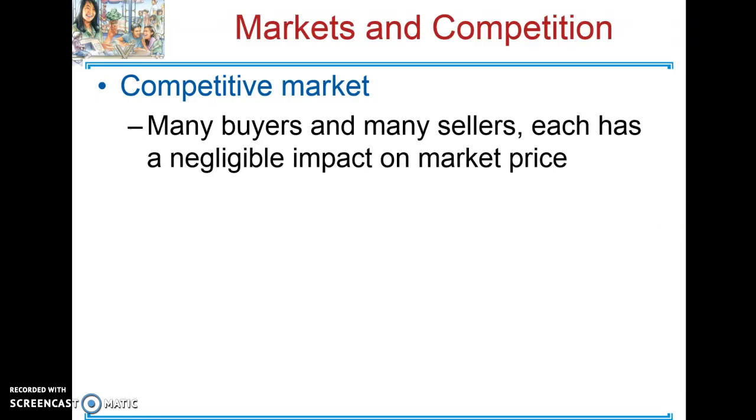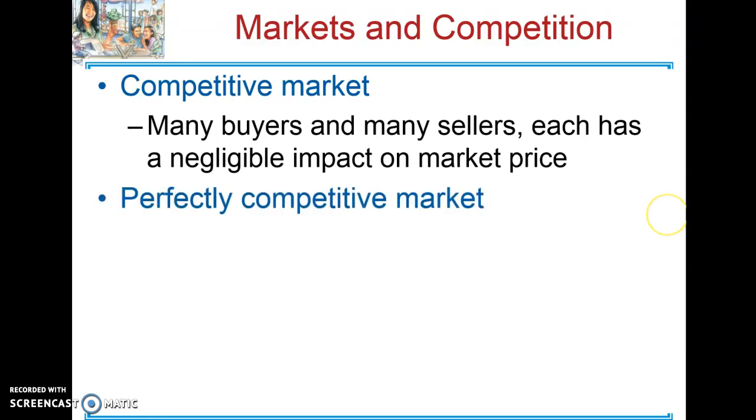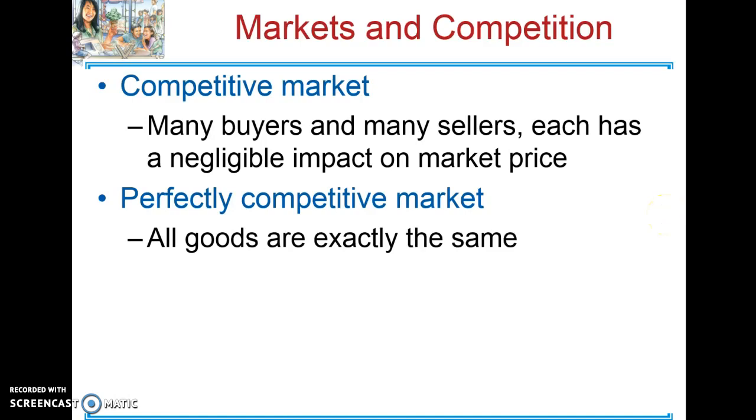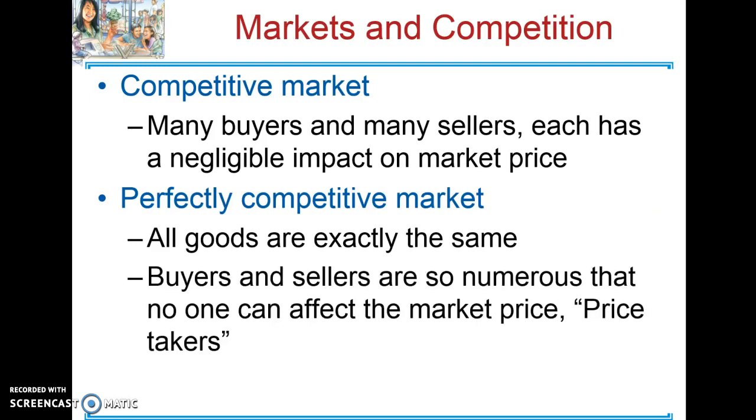Each has a negligible impact on market price. A perfectly competitive market refers to a situation where all goods are exactly the same. Buyers and sellers are so numerous that no one can affect the market price. In other words, they're price takers.